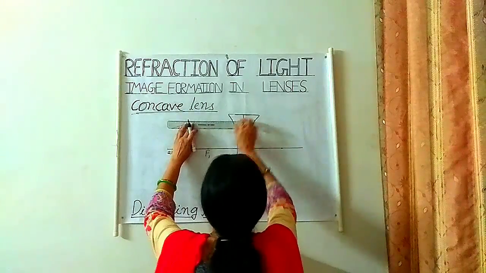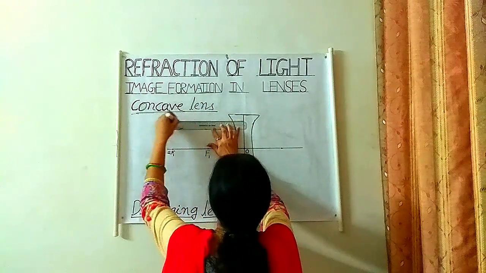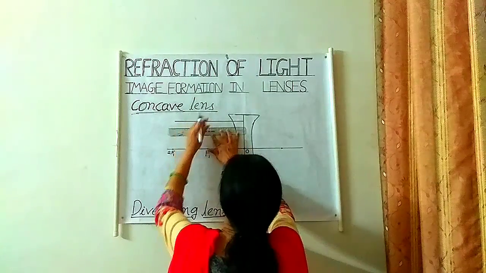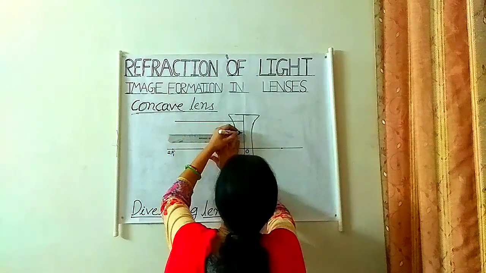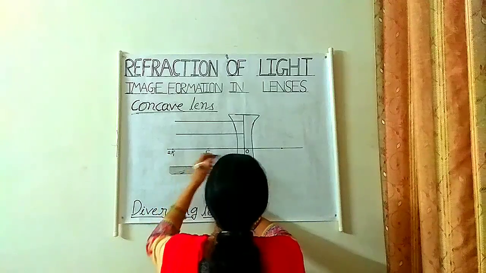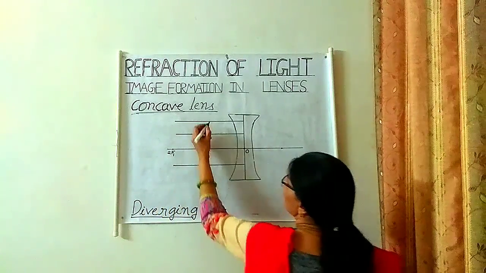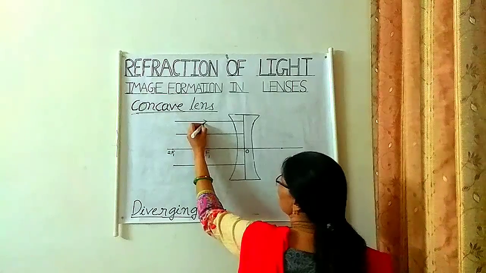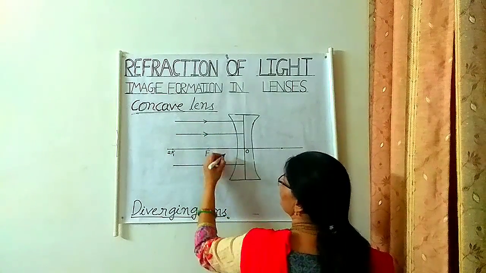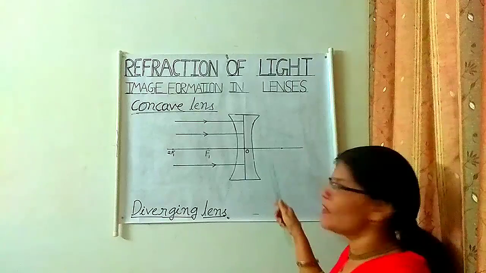So let us draw parallel rays which are incident on the concave lens. These are the incident rays, so the arrow should be in this direction.